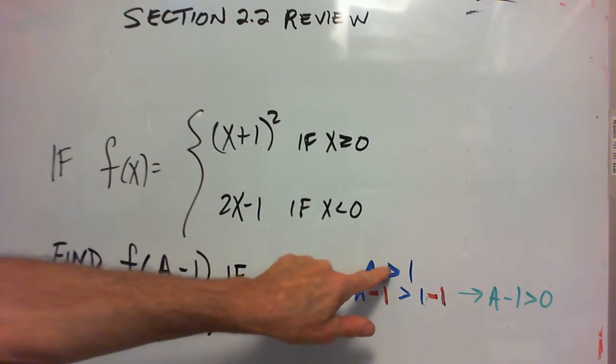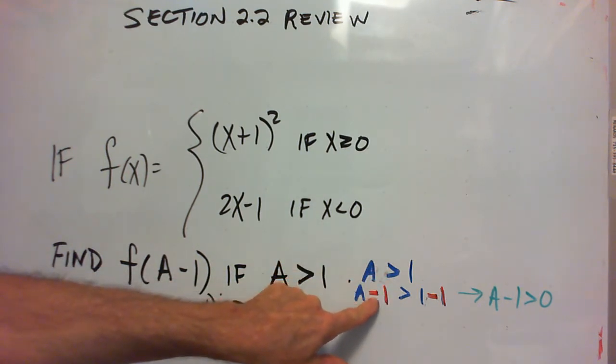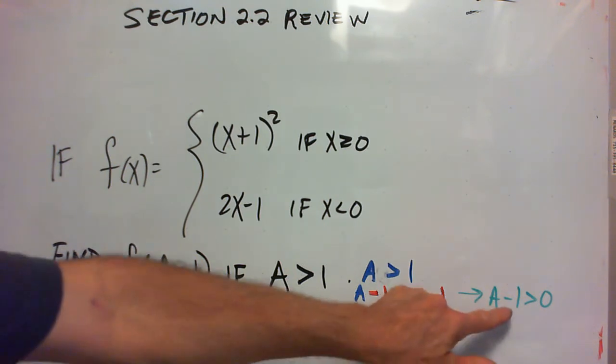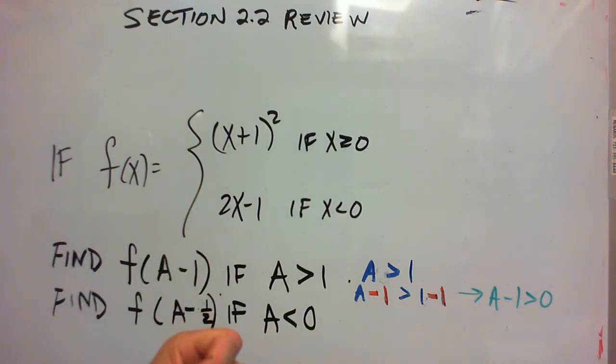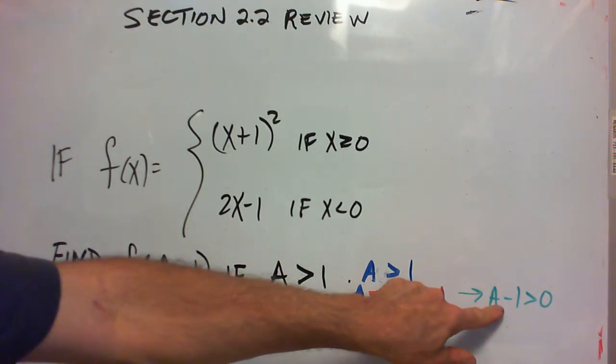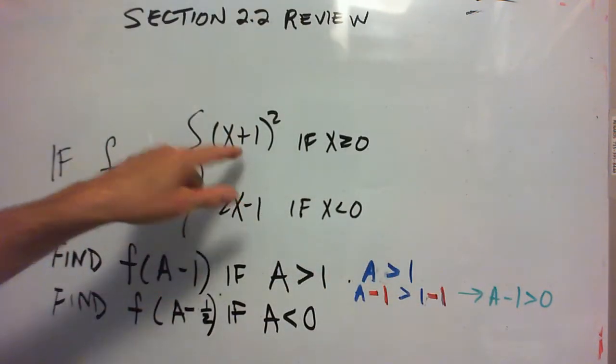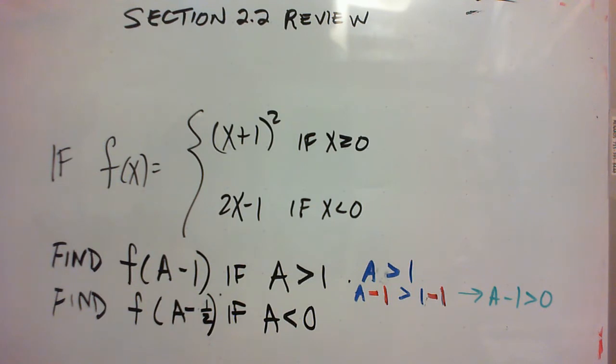If we subtract 1 from both sides, a minus 1 is greater than 1 minus 1, which is 0. So we get a minus 1 is greater than 0. So the input value is greater than 0. So we use the top formula, and we plug a minus 1 into the top formula.